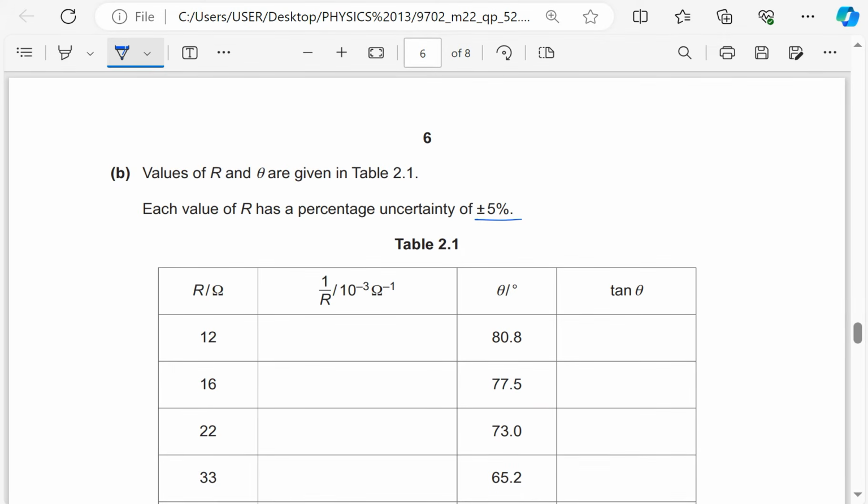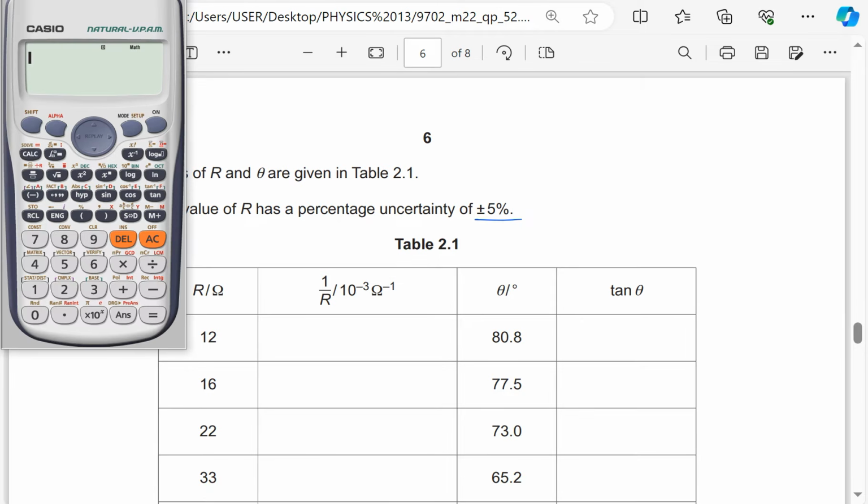So the first one, 1 divided by 12. I'm supposed to multiply 1 divided by 12 times 10 to the power of 3.